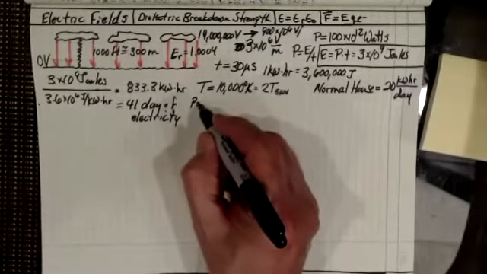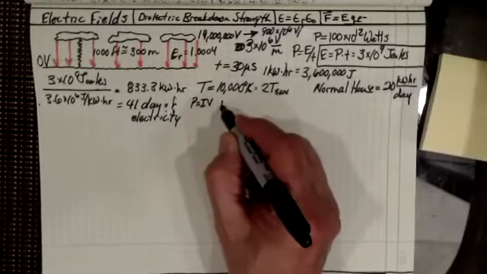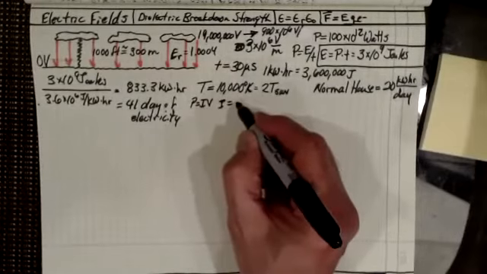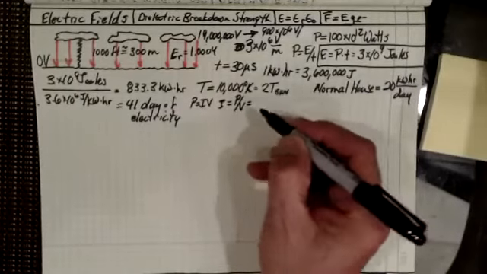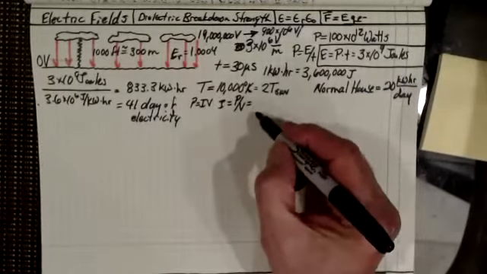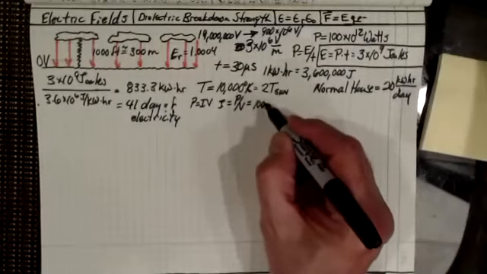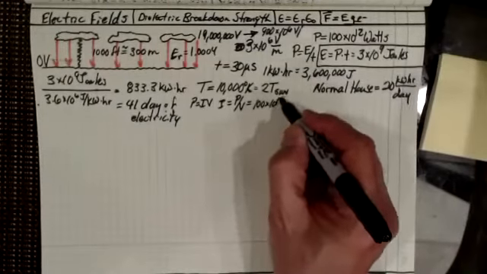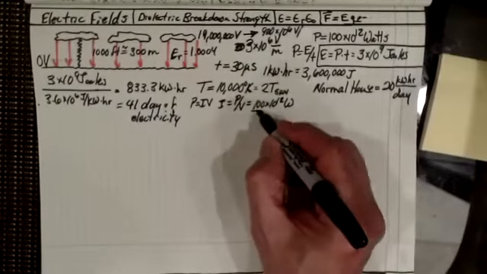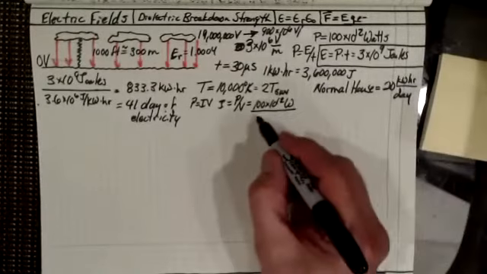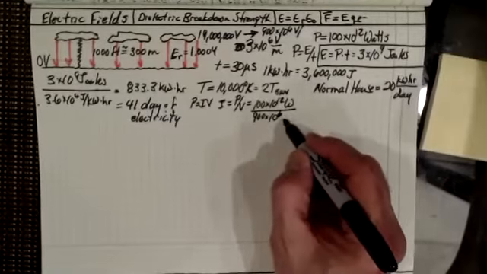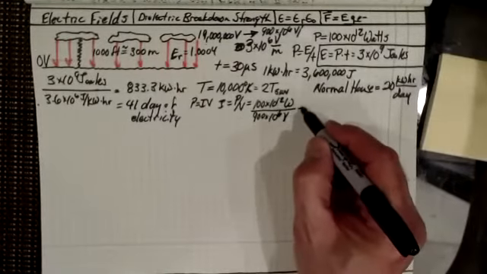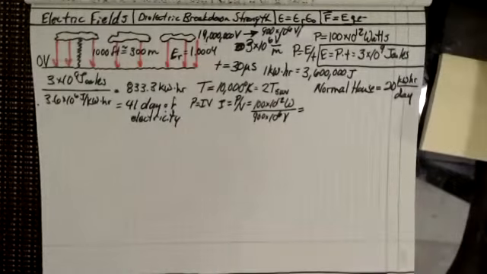P equals IV, so I equals P over V, right? Well, 100 times 10 to the 12 watts divided by 900 million volts is going to give me, wait, don't tell me.